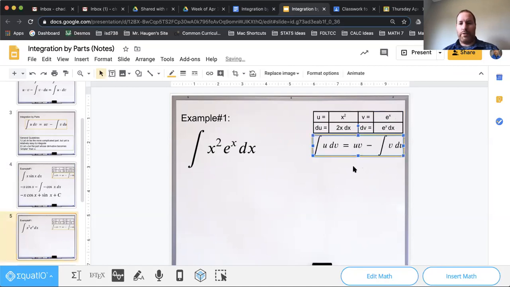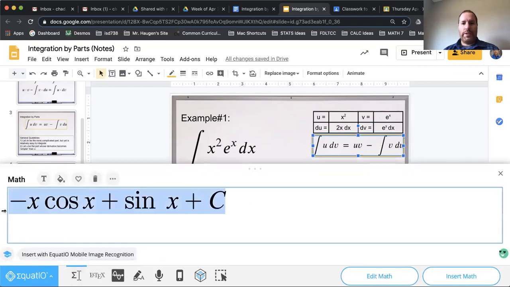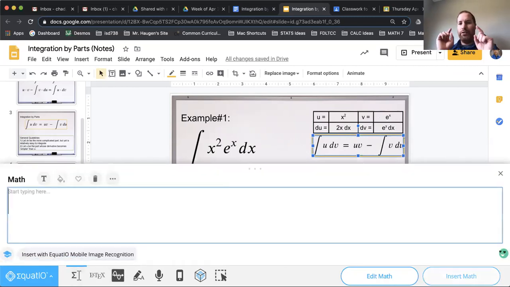So now what we do is, again, we take this one through. Let's grab my equation so I can follow that along. Again, I usually just have that written right at the top of the page, so I remember how those pieces go. And so then we just fill those pieces in, right? We take u times v, which is going to be x squared times e to the x.